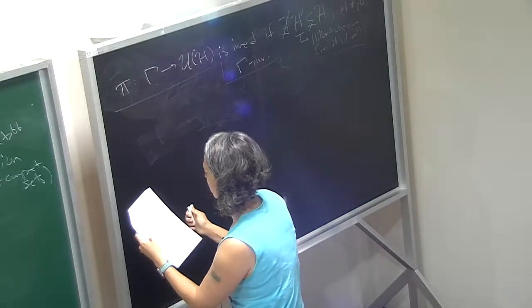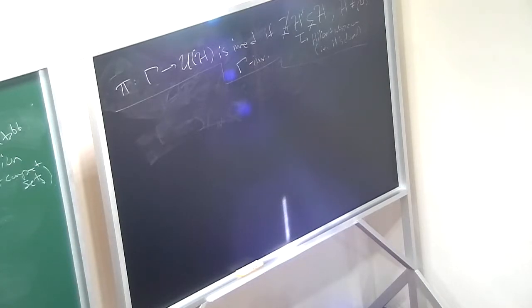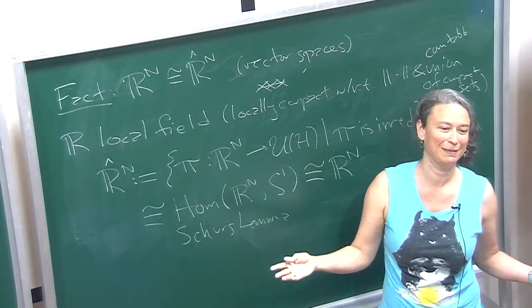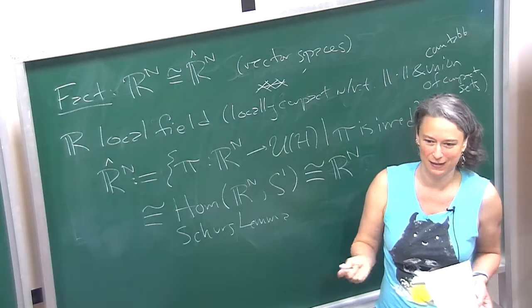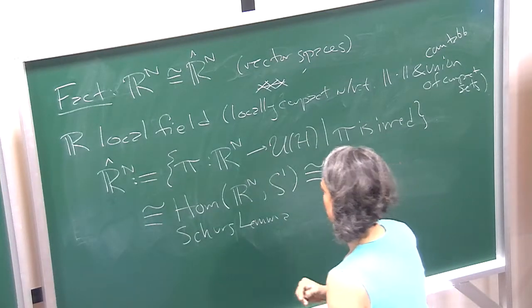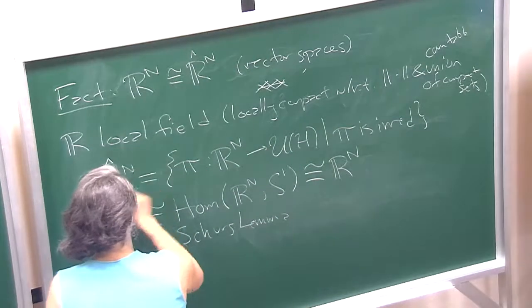Okay, so there are two duals of Rn. There's a linear dual, and then there's this unitary dual, and they're the same. But the way that you realize them is slightly different. Let's actually take, I'm not taking this as a definition.